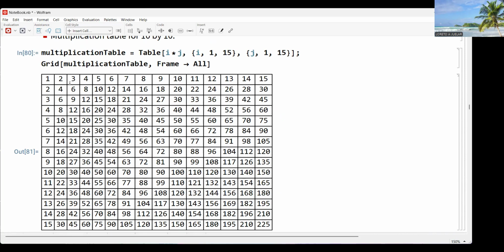Example here, this example multiplication table. Example, you multiply 3 by 7. Then 10 multiplied by 8.